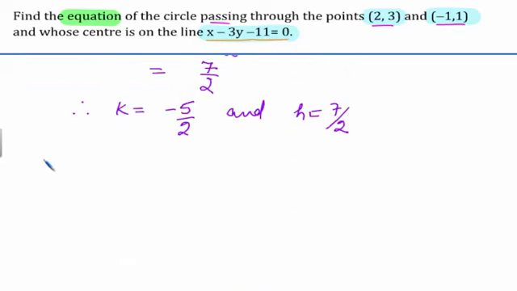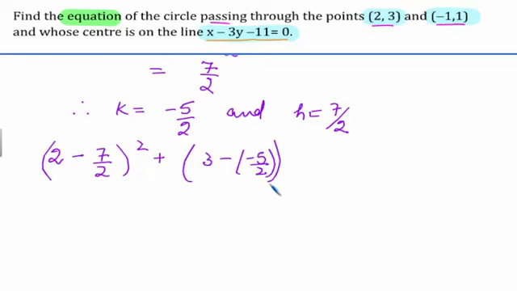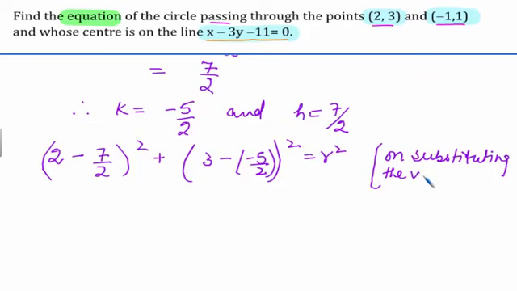So this implies 2 minus h whole square plus 3 minus of minus 5 by 2 whole square is equal to r square, and thus we got, on substituting the values of h and k in equation 1.